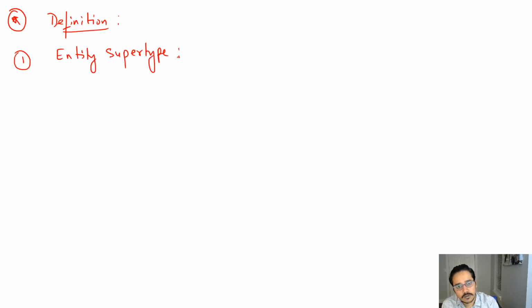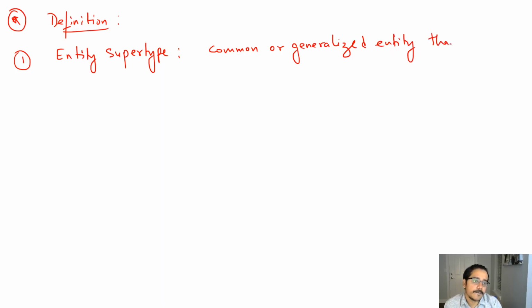So let's look at some definitions before we further go into formally understanding the enhanced entity relationship model definitions. The first definition is entity supertype. Entity supertype is basically the common or generalized entity that is created using other entities.